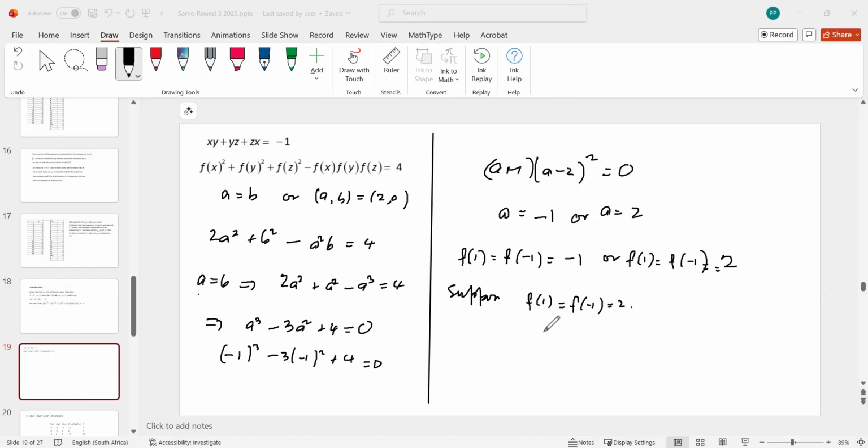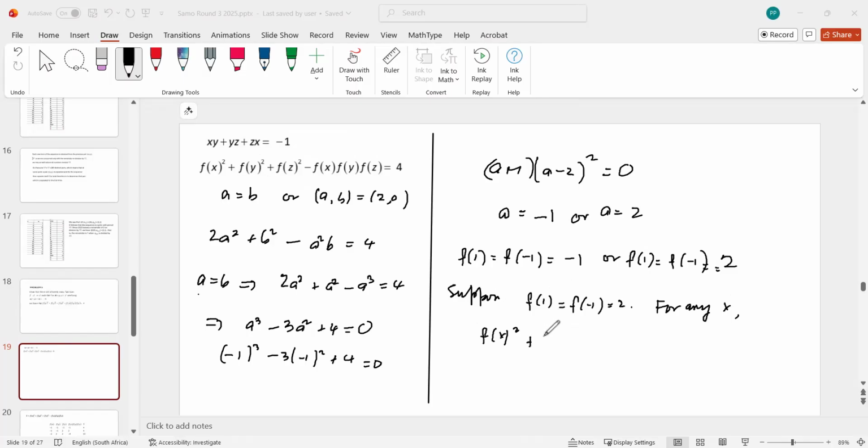Then I want to calculate any f of x, for any x. We had the equation f of x squared, see, earlier on we had f of x squared, and here we had plus a squared plus a squared.